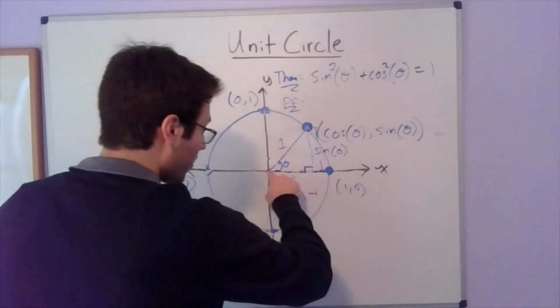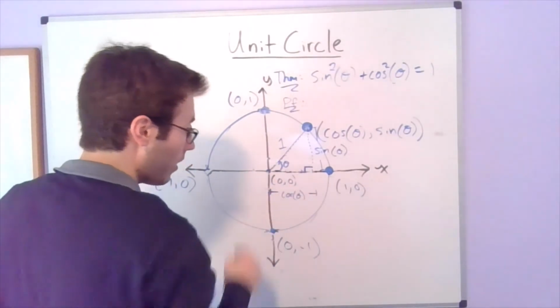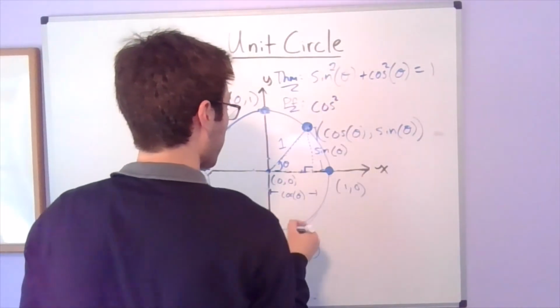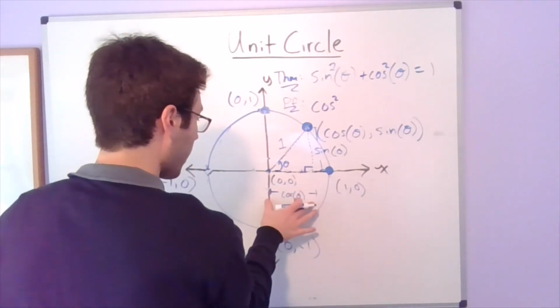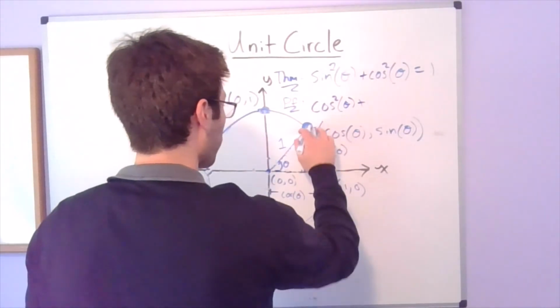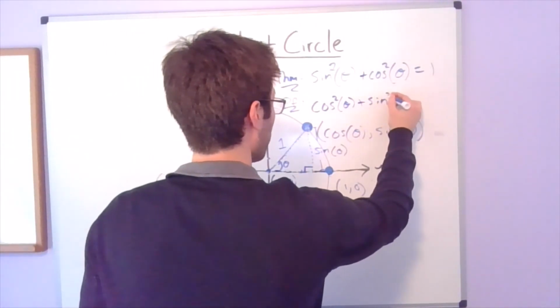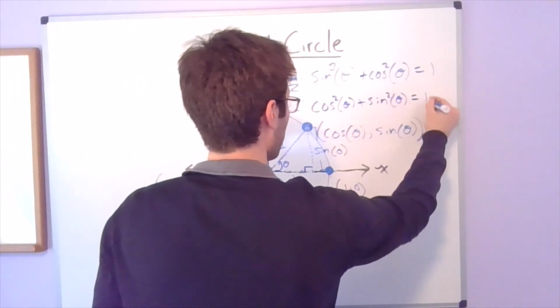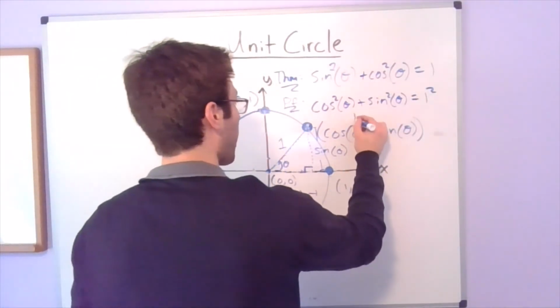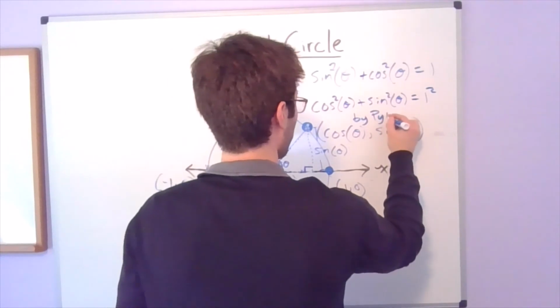So we know by the Pythagorean theorem that cosine of theta squared, the leg squared, plus the other leg squared equals our hypotenuse squared, so it's equal to 1 squared.